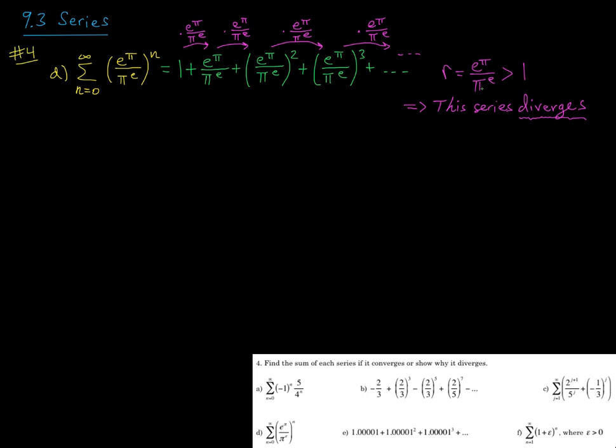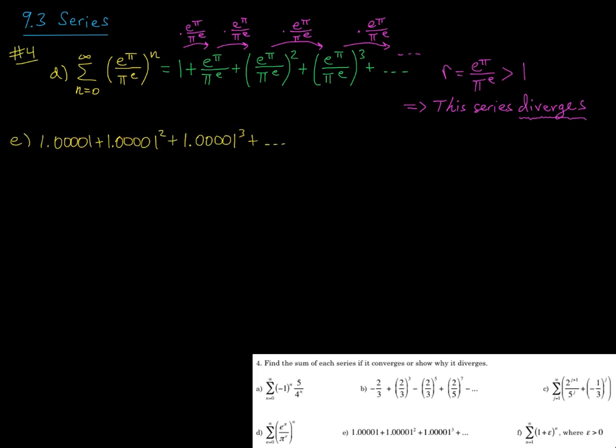And it's actually a fairly common Calc 1 problem to show that e^π is larger than π^e without a calculator, just using derivatives. Kind of a fun problem. But in any event, since the common ratio exceeds 1 here, right, so r is not strictly less than 1 in absolute value, the series diverges. That's it.